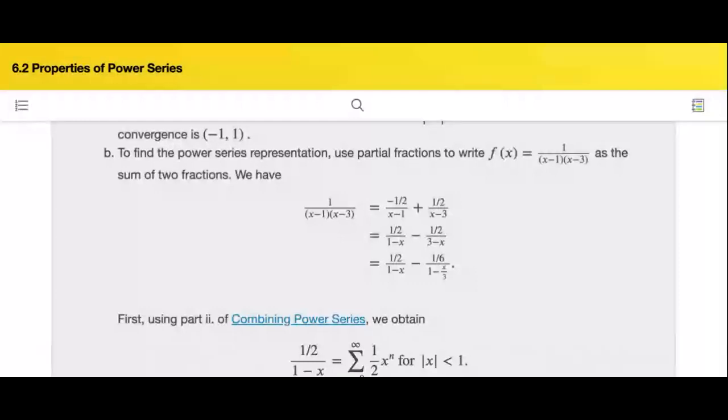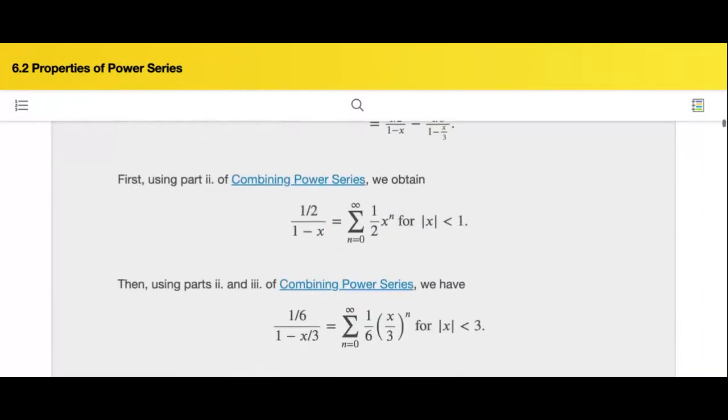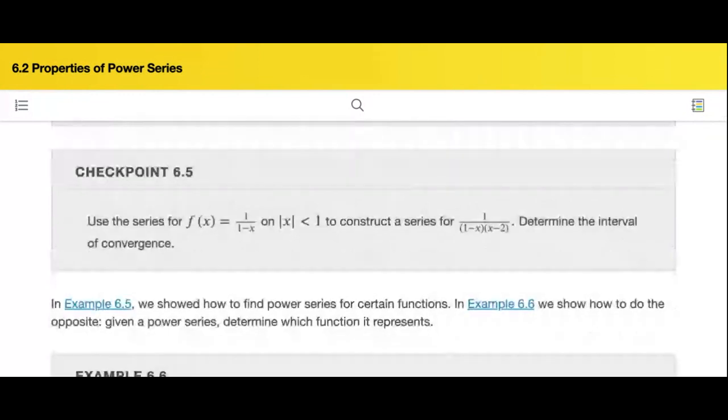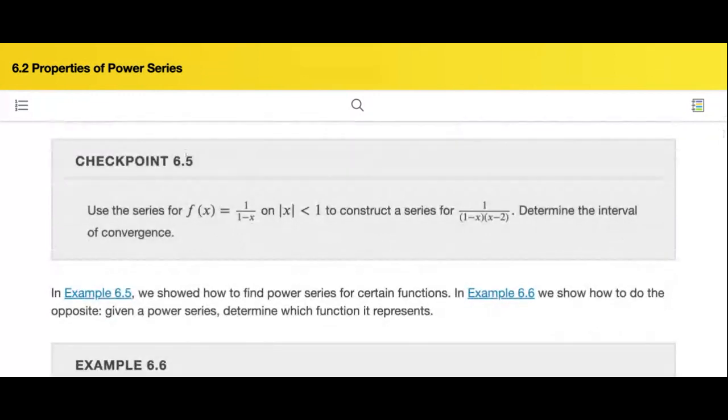Okay, all right, so everyone try this. Now I will try this one too, 6.5.